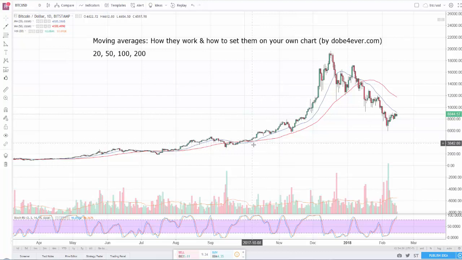So here we had a buy signal when they cross bullish, and here we have a sell signal when they cross bearish. Again, you don't trade based only on moving averages. You don't trade based on one single indicator. You will be looking at other indicators and price action and other factors, but you will learn that in later classes. In this one, I'm going to focus on moving averages.